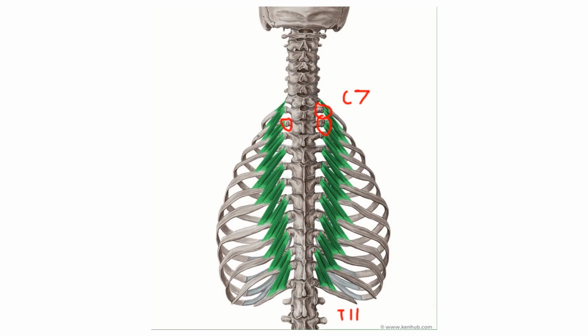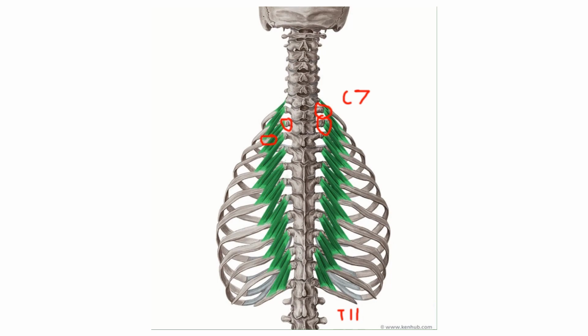What do I mean by subjacent? Subjacent means situated below something. As you can see here, this muscle is arising from this transverse process, and it is attaching on this rib, which is situated below this transverse process or this vertebra. So that's why this is a subjacent rib to this one.